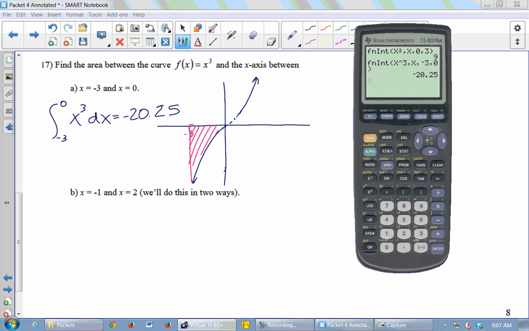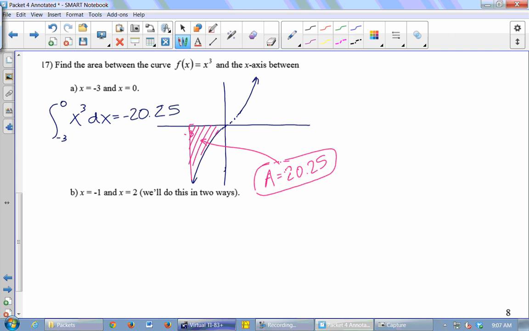Which means that the area that they asked me about is 20.25. Does that make sense? So you do have to pay attention to what question they're asking you in terms of when to use the signed area and when to take an absolute value.